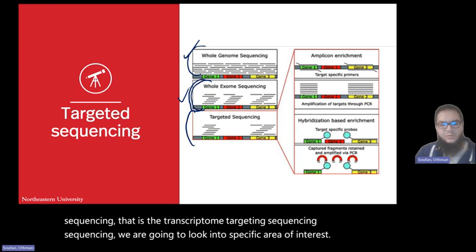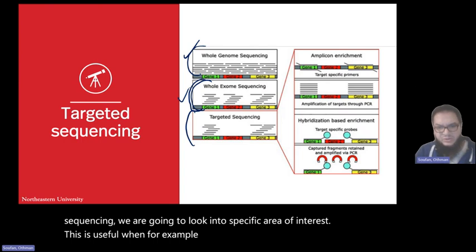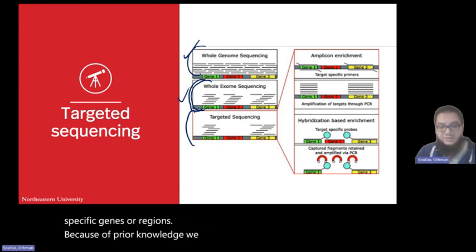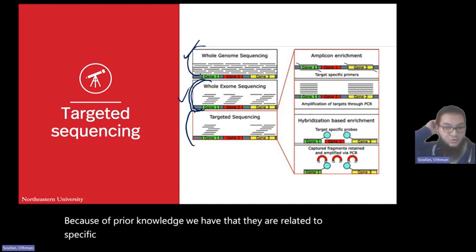This is useful when, for example, researchers are interested in specific genes or regions because of prior knowledge that they are related to specific disease or some biological function.